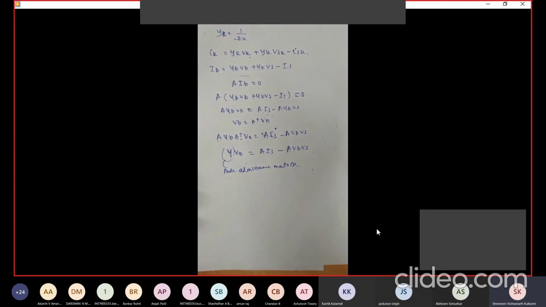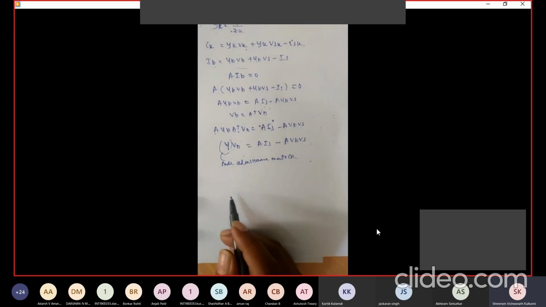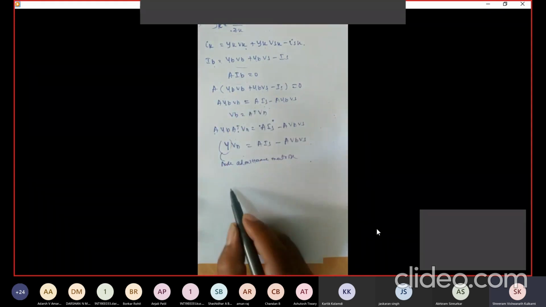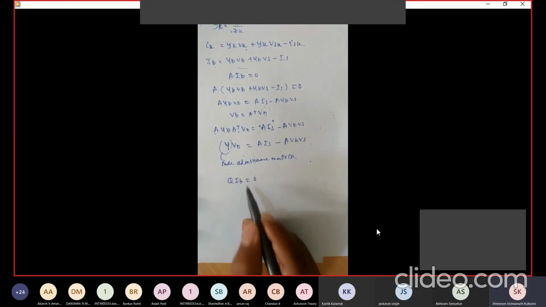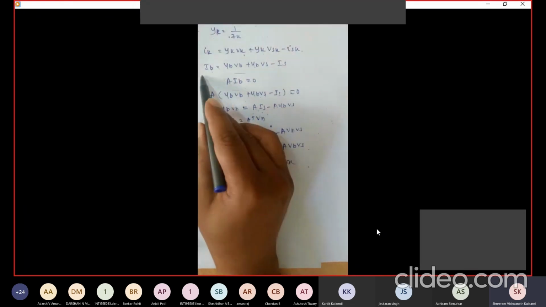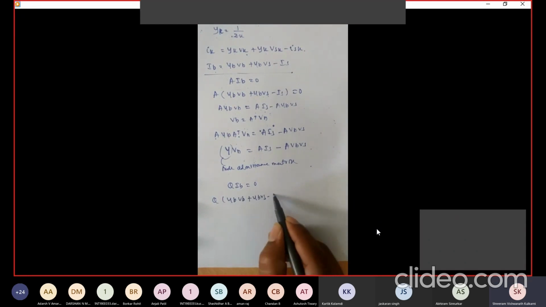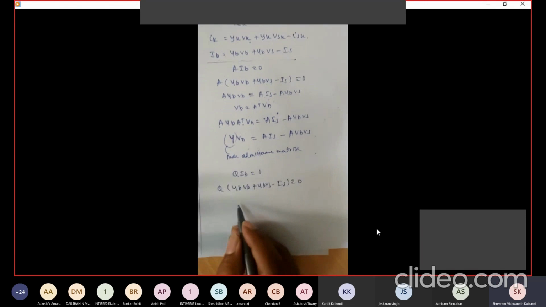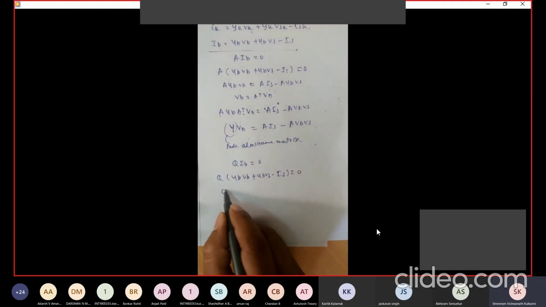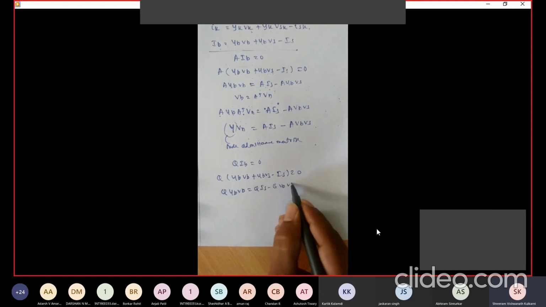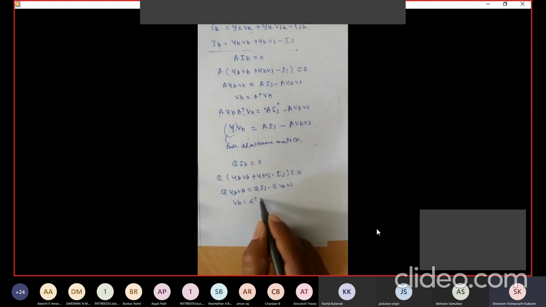Now if I write that equation in terms of the fundamental cut set, same here, A Ib for incidence. Now Q Ib equals 0. I insert this Ib: Yb Vb plus Yb Vs minus Is equals 0. If I simplify this, Q Yb Vb equals Q Is minus Q Yb Vs. Vb equals Q transpose Vt.